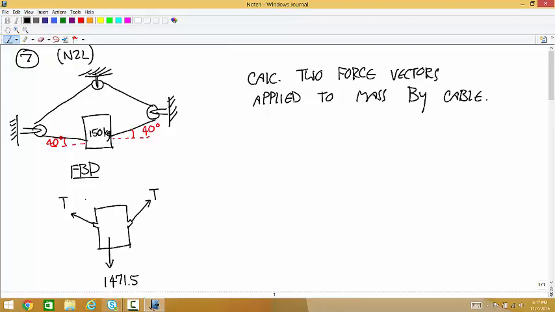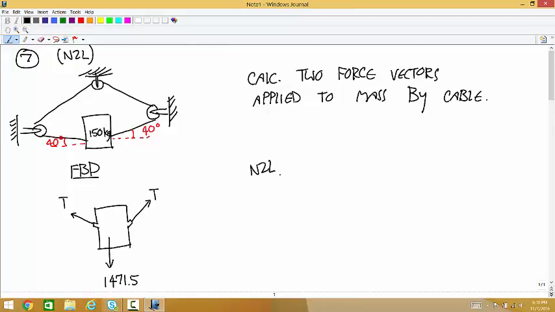Any questions on the free body diagram? So this is one of those where probably most of the work in this problem is just getting the free body diagram right. Once you're here, things sort of fall into place. You just have to get the angles right now.